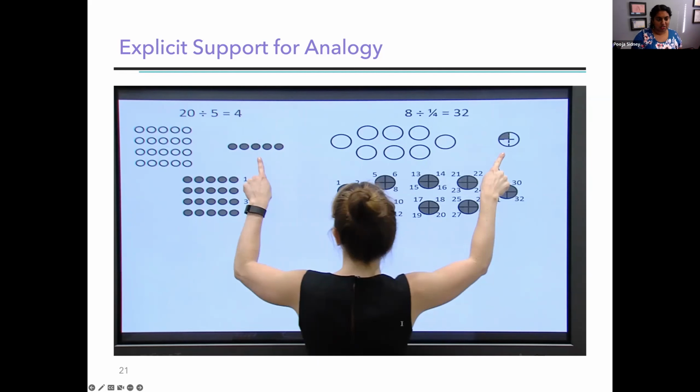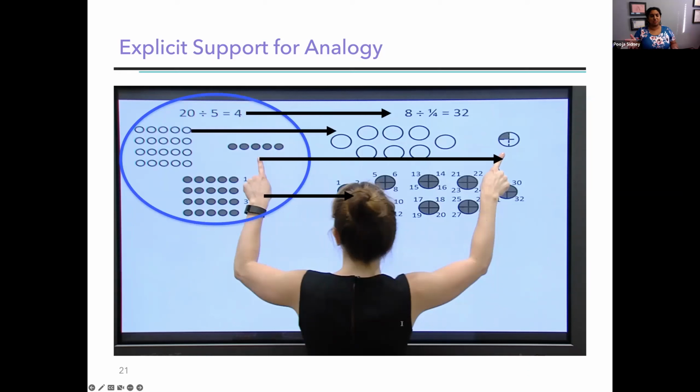So when we do this explicit support, you're asking the learner to pay attention to the familiar representation and also all the links between the familiar representation and the new representation, while they're also trying to learn something new and challenging. And it just might be a really overwhelming amount of information to process, particularly for younger learners.